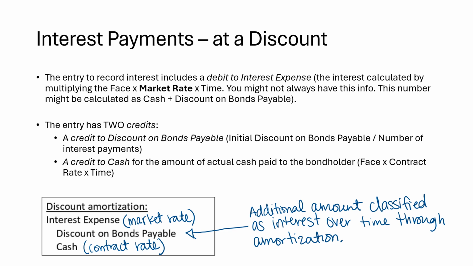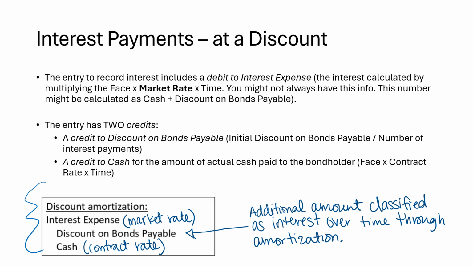Here you can see the actual journal entry. So what happens in this journal entry? Part of it is similar to what we already discussed when we talked about the interest payment journal entries for bonds at face value or at par.